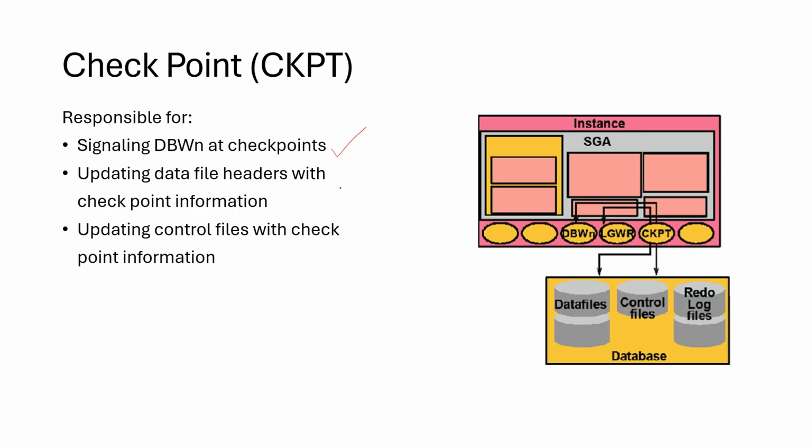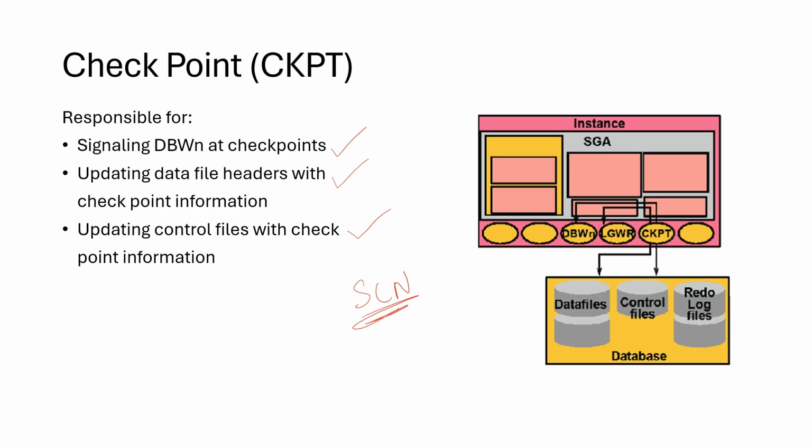It also updates the data file headers with the checkpoint information, and updates the control file with the checkpoint information. You have to remember this SCN, system change number. This change number is very important to keep your database in a consistent state. If there is a mismatch with the SCN, or the checkpoint is missing any SCN, then your database will be in an inconsistent state.